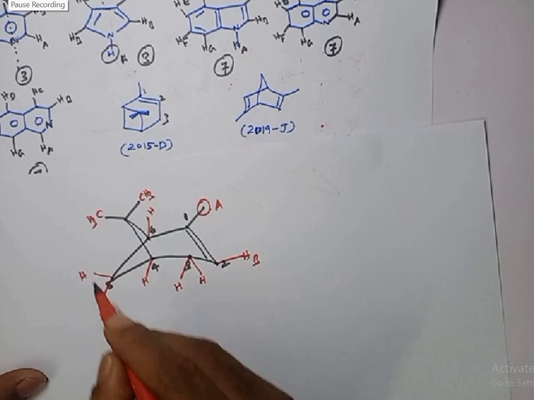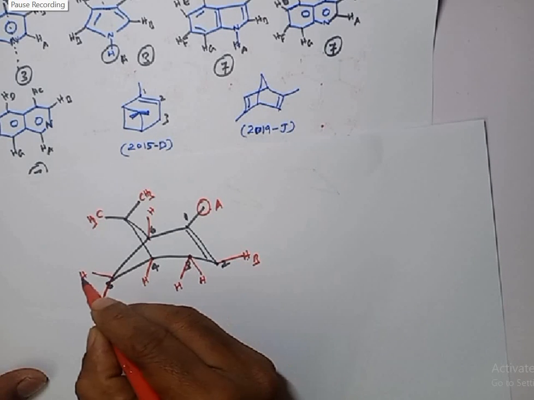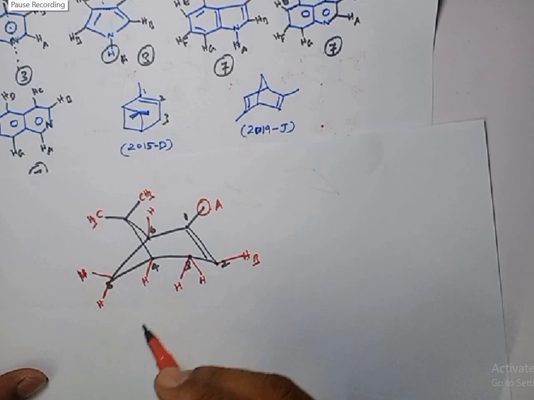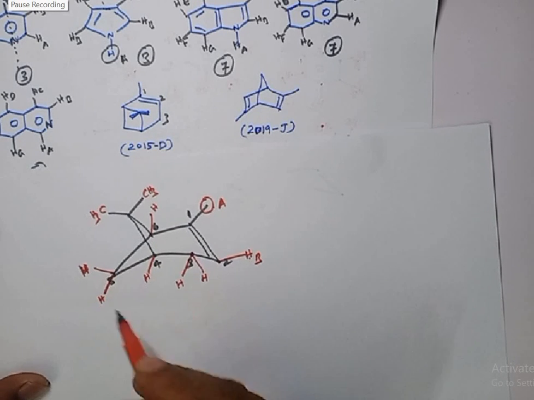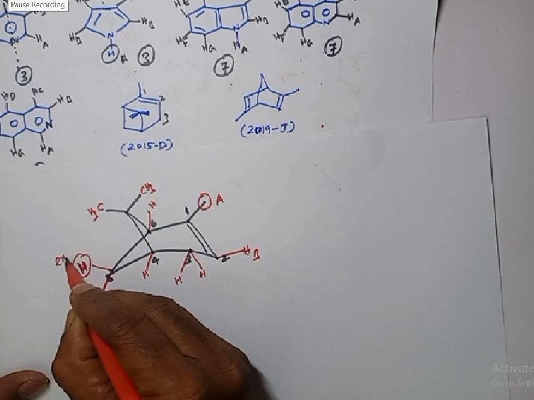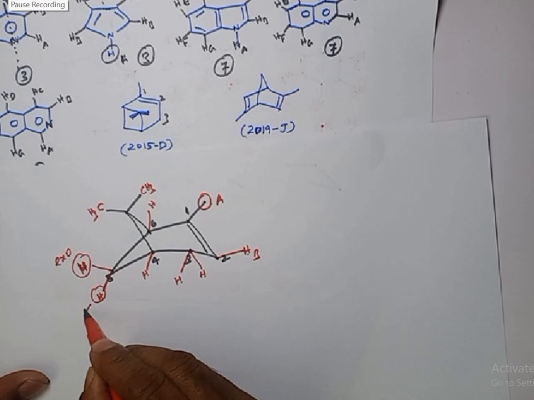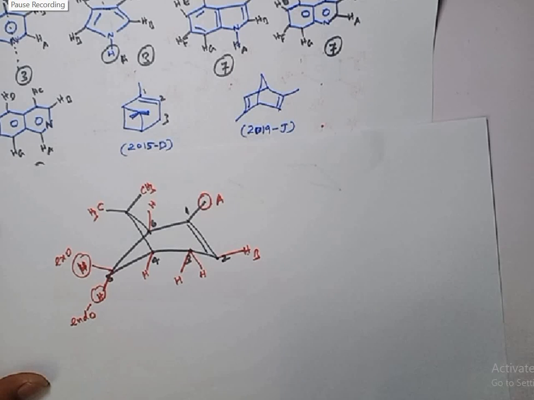See, this hydrogen and this hydrogen, they are not equivalent, because this is something like exo-endo hydrogen. So this is something like exo, and this is something like endo. So they are in a different environment. Okay.